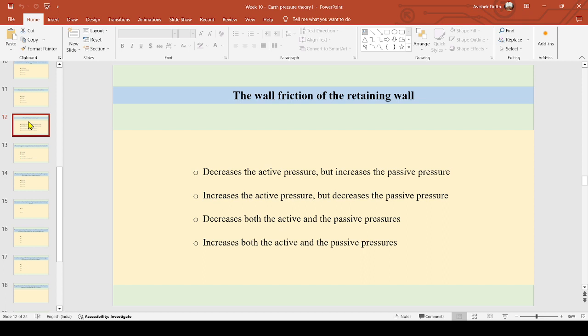Option 2 increases the active pressure but decreases the passive pressure. Option 3 decreases both the active and the passive pressures. Option 4 increases both the active and the passive pressures.